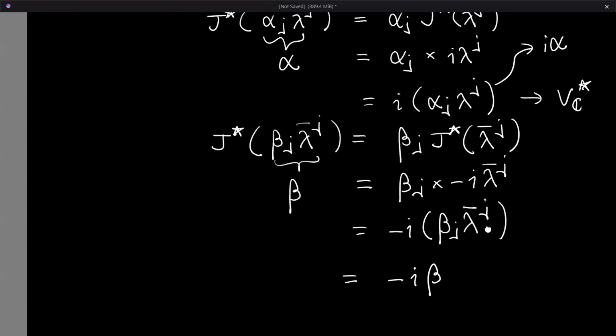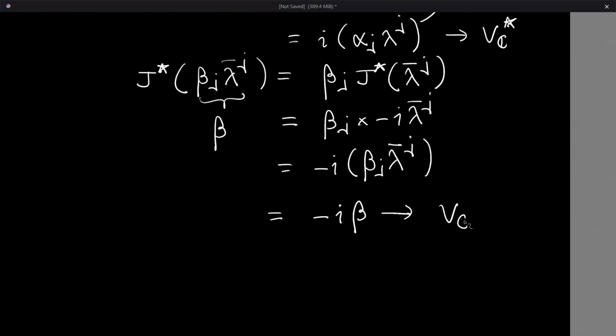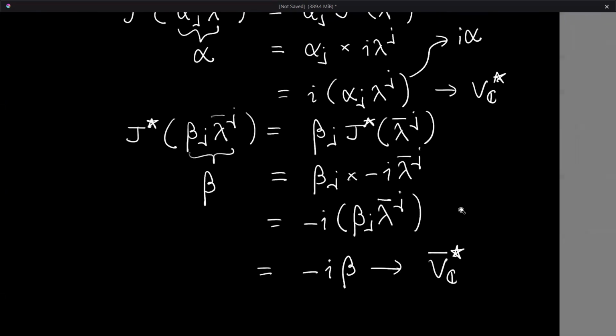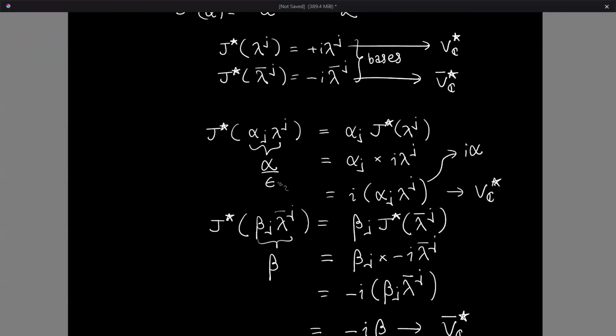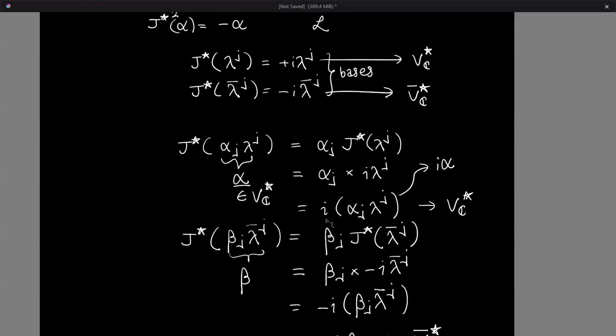So we've shown that, what does this mean? This is interesting. It means that as long as alpha is an element of VC star, J star's action on alpha is equal to I times alpha.